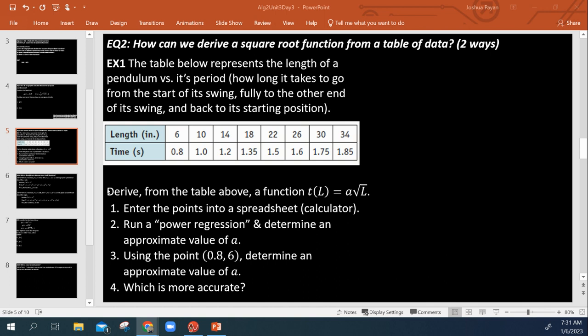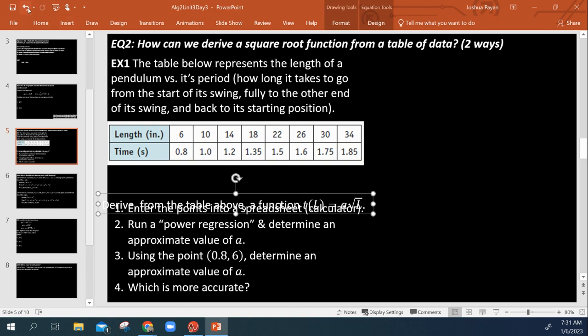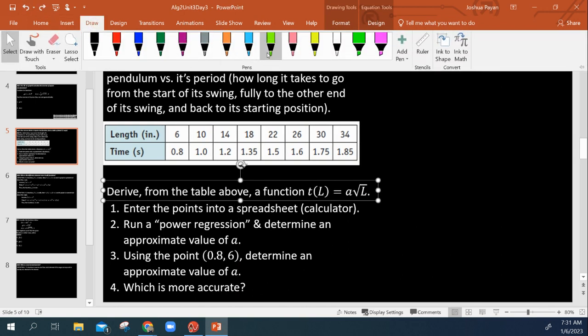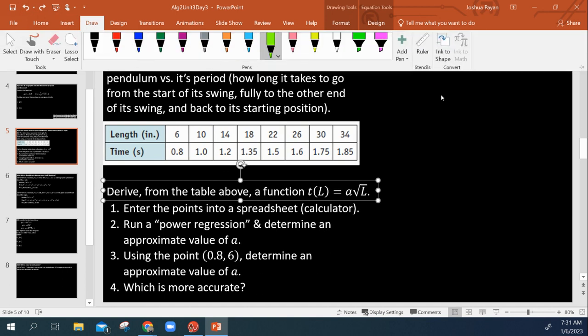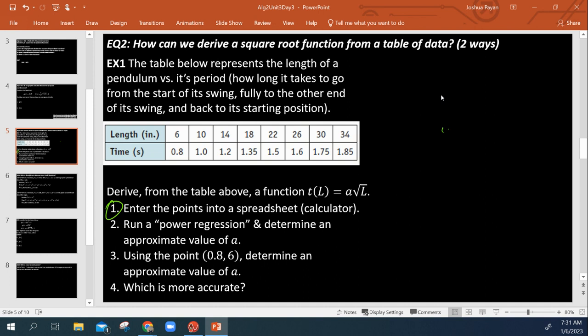I'm going to go right into it. What we're being asked to do on one and two is follow some directions, and then ultimately at the end of number two, derive our function, because all we're missing is the a term.